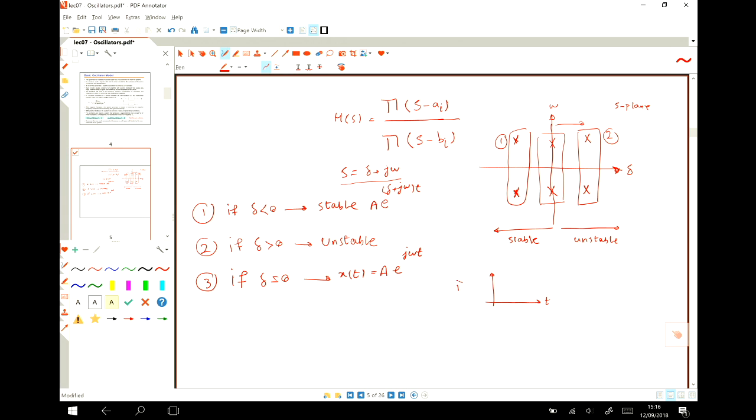So in the first region, if we have an initial condition for the system, then after a while it's going to get to 0, or for example, it's going to be like this.